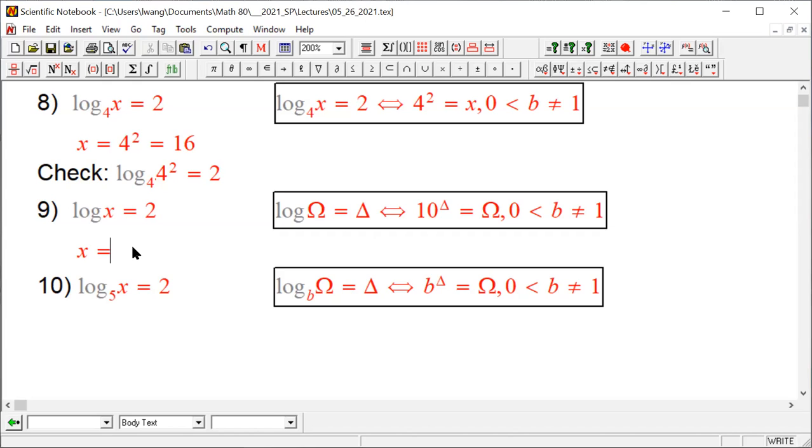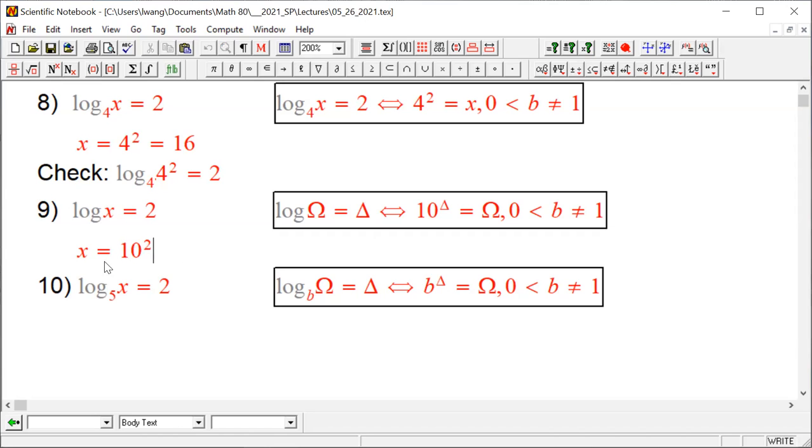Marcelo, what do you think x is equal to? Ellen? Okay, still thinking. 10 squared, that's right, 10 squared.